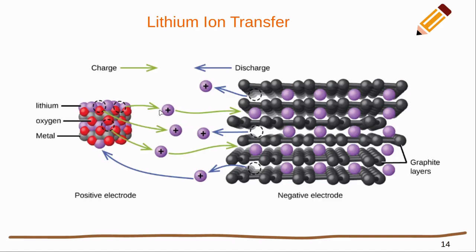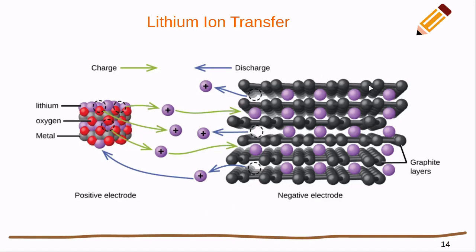This is that chemistry that I was talking about, where lithium is actually moving between being suspended inside of these graphite layers and being suspended inside of this metal oxide species over here, and they're moving back and forth, and that's how we're getting those positive charge carriers that we know we need in order to make a galvanic cell happen.